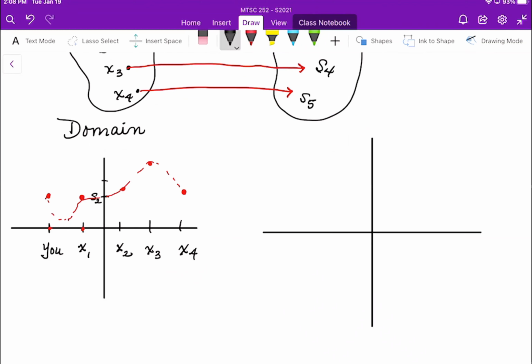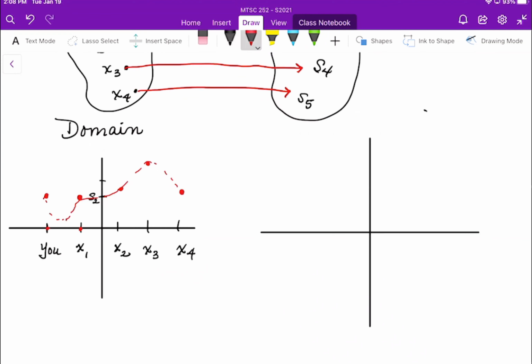So let's draw what it really looks like. Now I want a horizontal line. If the function fails the horizontal line test, it is not one-to-one.